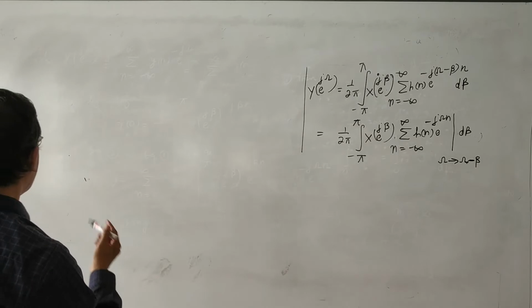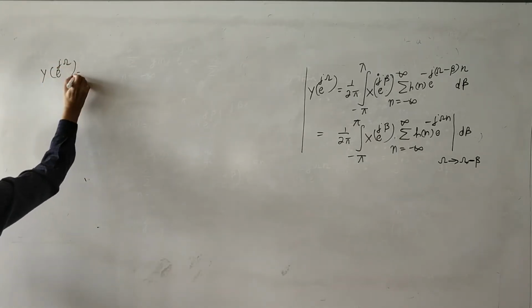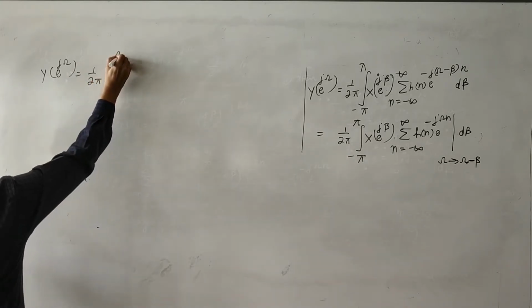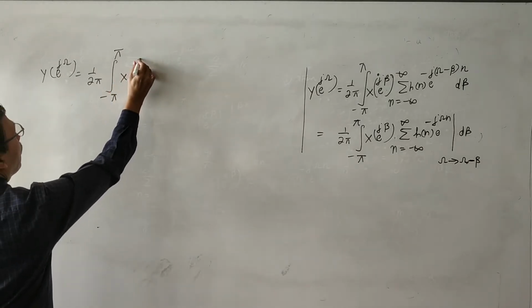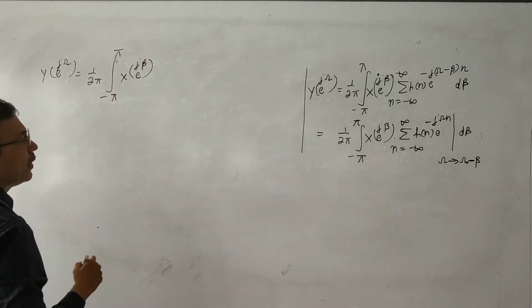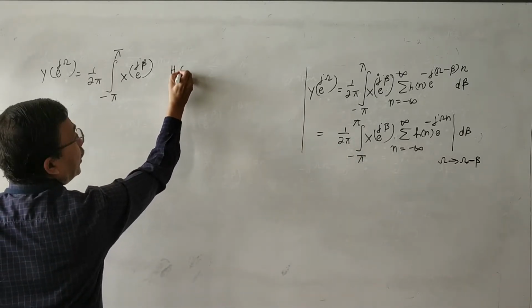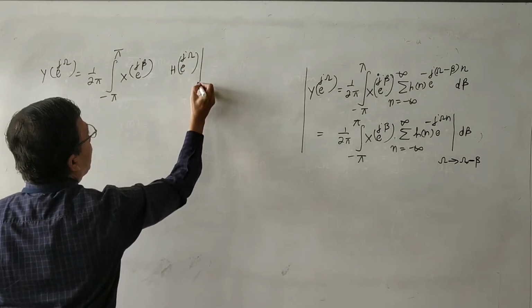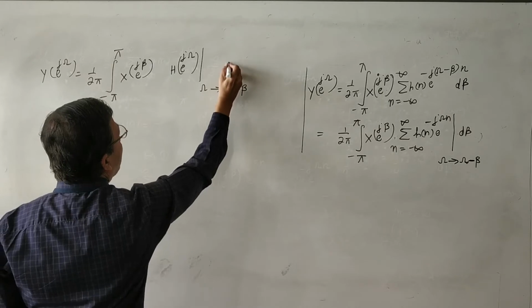Then what we get? Then we get Y of e power j omega equals 1 by 2 pi integration from minus pi to plus pi X of e to the power j beta. The summation stands for H of e to the power j omega, and omega has to be replaced by omega minus beta.